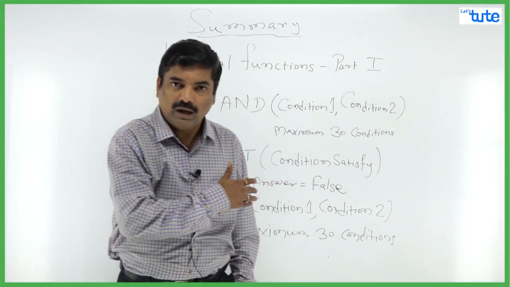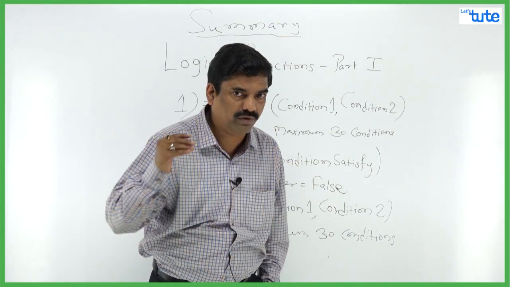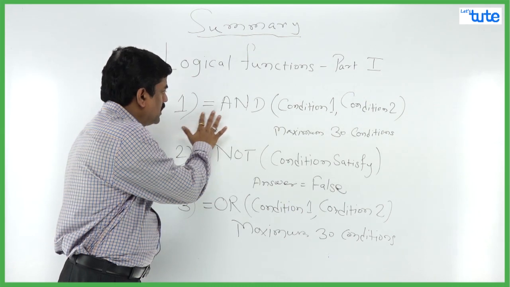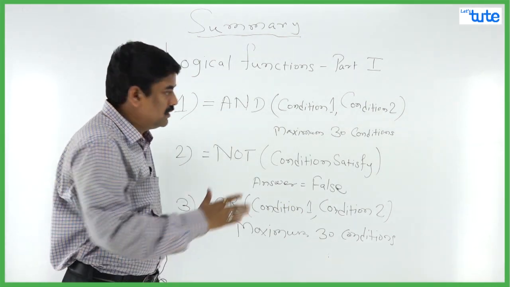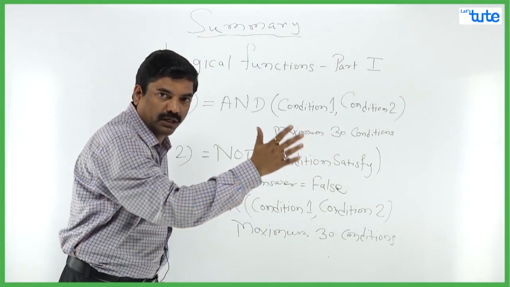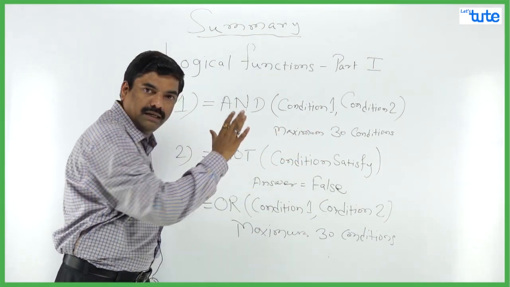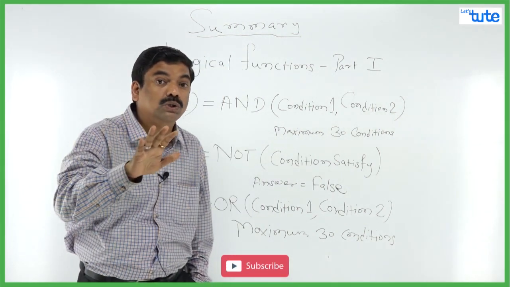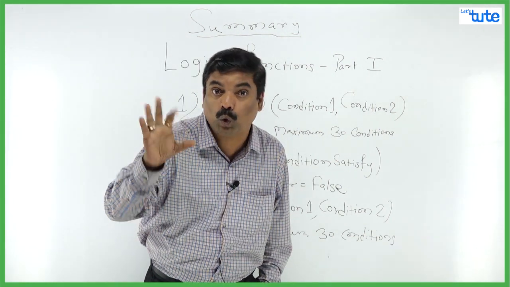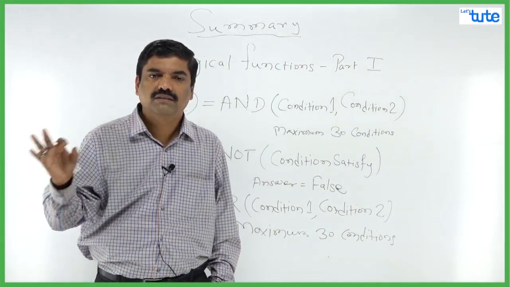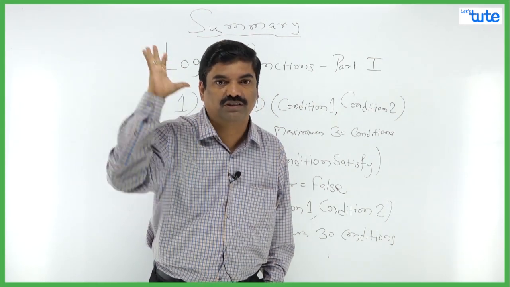So now I am covering the summary of the lecture. Okay, let's start. First command is AND. Maximum 30 conditions you can give, and please note that all conditions should be satisfied, then your answer becomes true. If any one condition is not satisfied, then your answer becomes false.